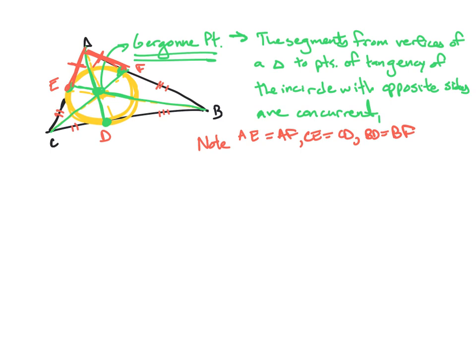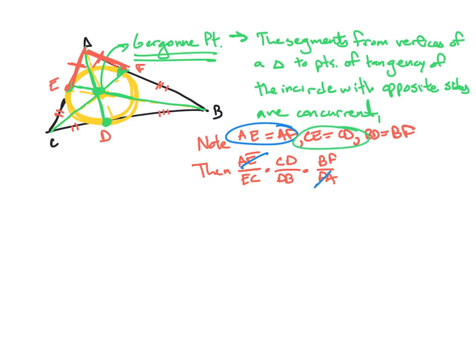Okay? So then we just have to look at the ratios like for Ceva's theorem. So if we take AE over EC times CD over DB times BF over FA. Well, according to that, AE equals AF, or FA, so those cancel.